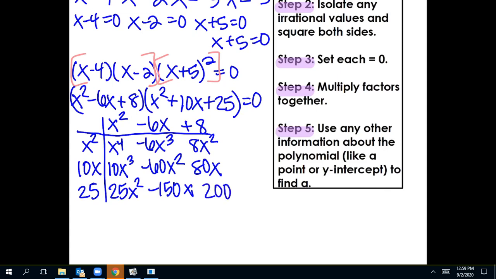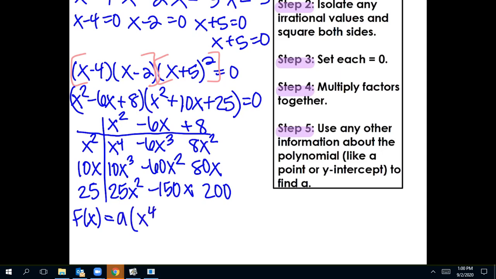Then what we do next is we write the polynomial. And so I'm going to write f of x equals, and this says use any other information about the polynomial like a point or a y-intercept to find a. So I'm going to write a parentheses, and then we'll combine all our terms.